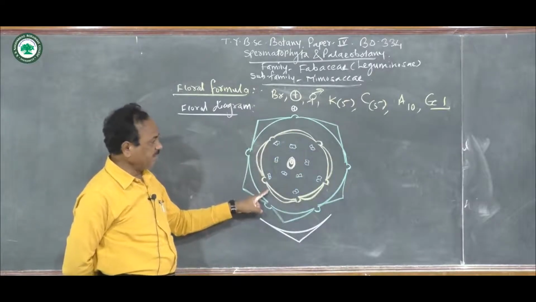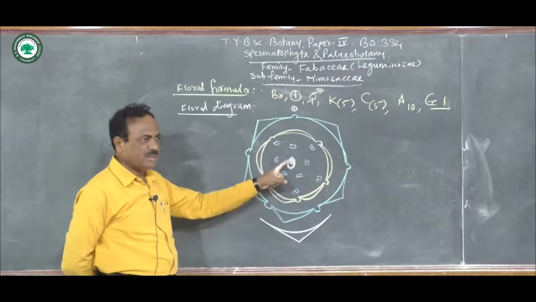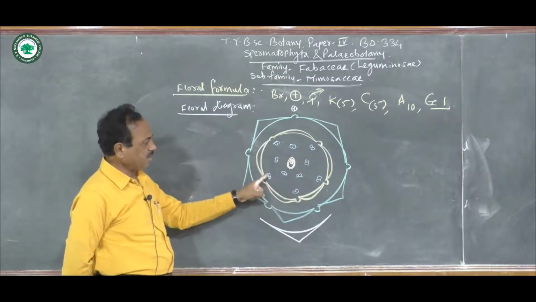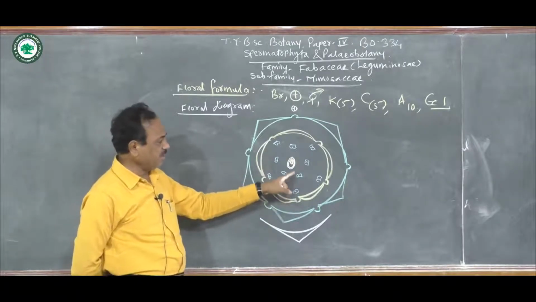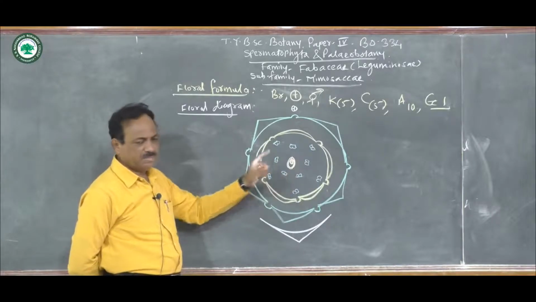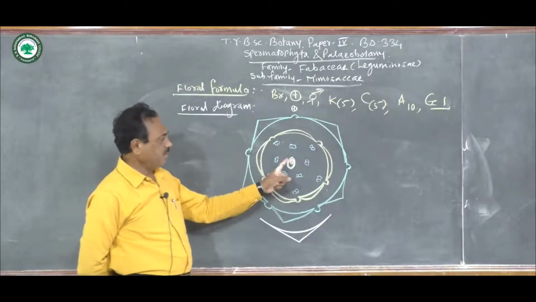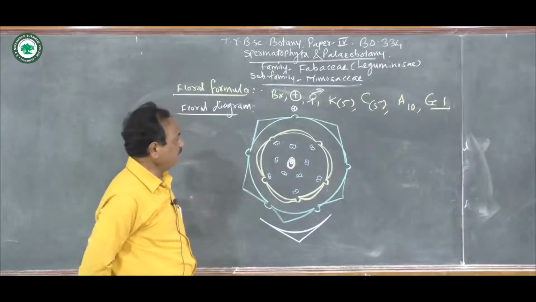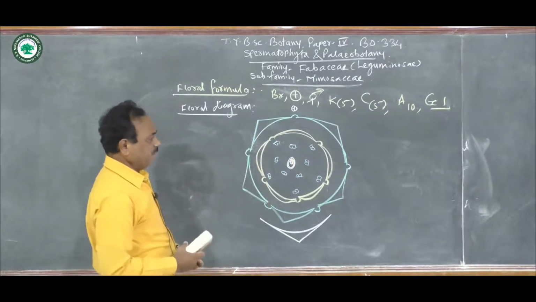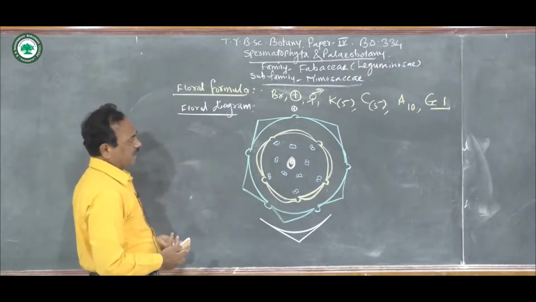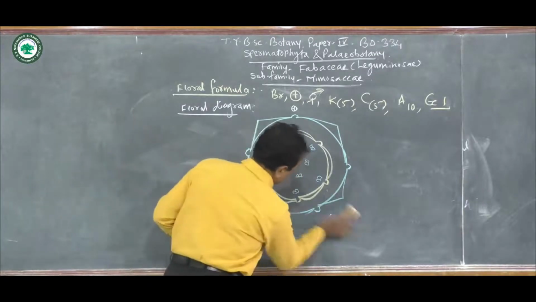They are united, present in valvate type of estivation. Here 10 stamens are shown, they are free. Gynoecium is monocarpellary, having a single locule with marginal placentation. So this is the floral diagram of the family.